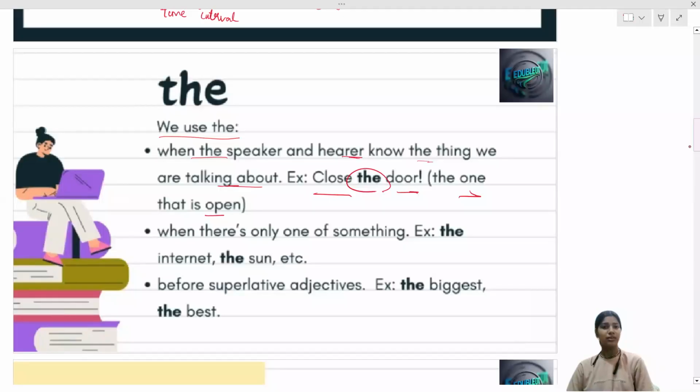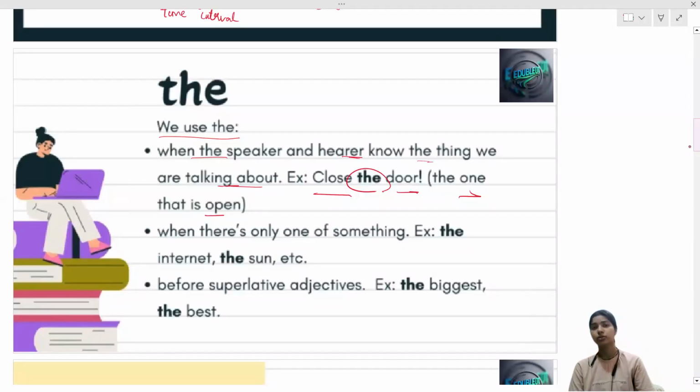So we know that some door is open and we have to close that door, right? We are not unaware of which door we have to close, the door that is open or the door that is closed. There should not be any kind of confusion. If I'm saying to you, please close the door, I know I'm talking about the door that is open, and you also know I'm saying you have to close the door that is open.